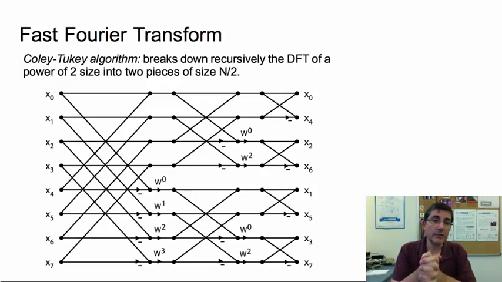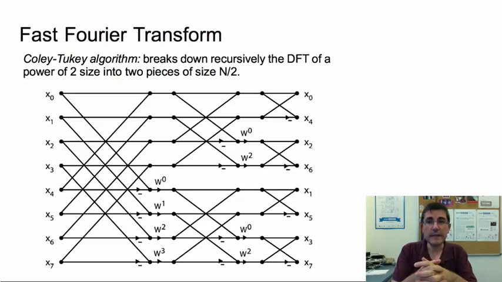Okay, so now let's talk about the fast Fourier transform. The DFT can be a quite demanding operation. The implementation can be quite slow if we don't pay attention to some efficient implementations.